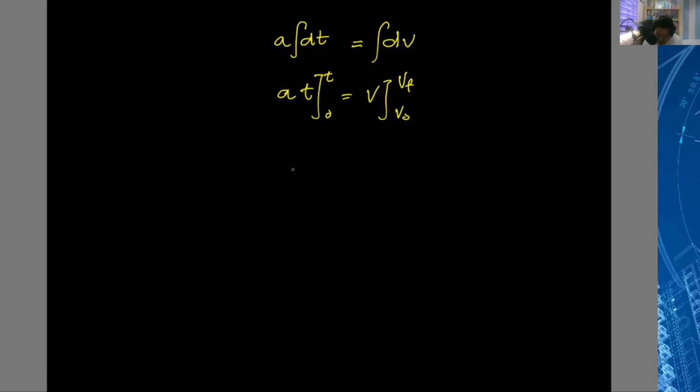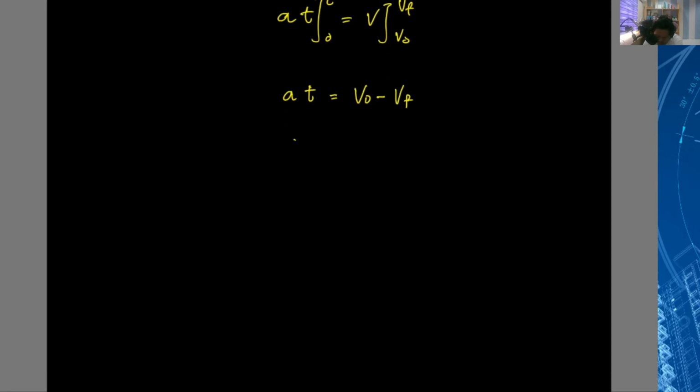So this will be what? A t, because t substituted by 0 is just 0, so what remains is t final equals velocity final minus velocity initial. Okay, so rearranging this, this becomes v final equals velocity initial plus at.